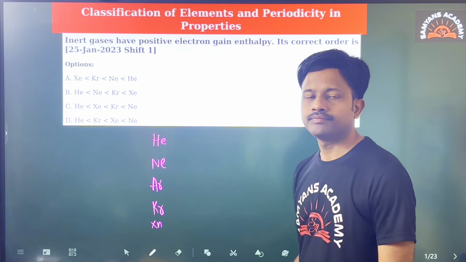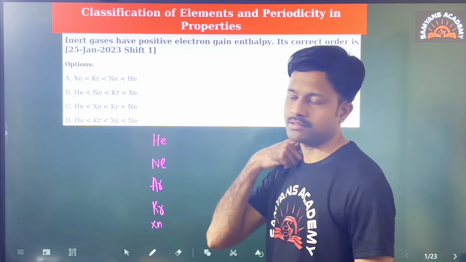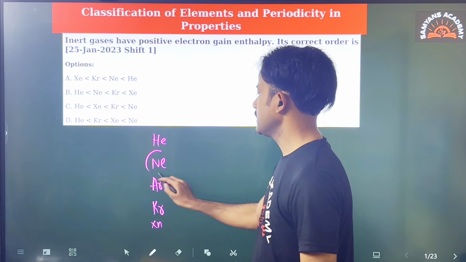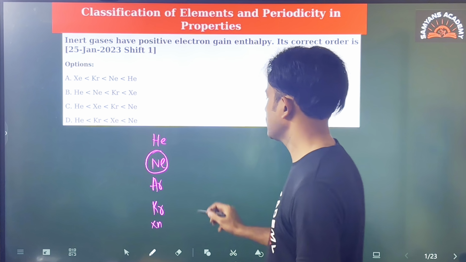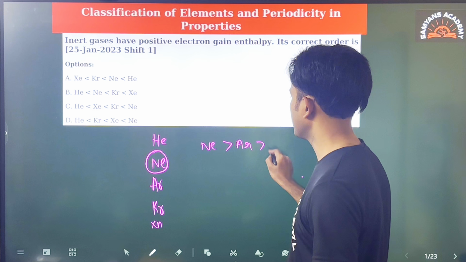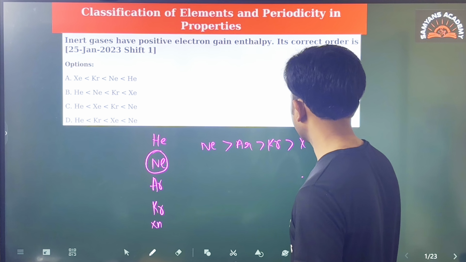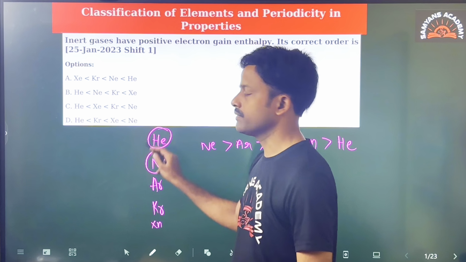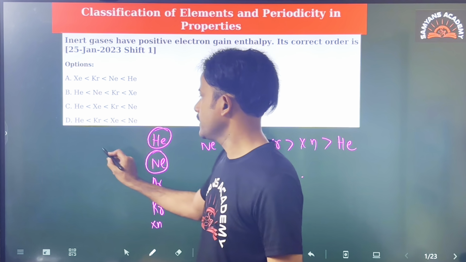So down the group, electron affinity values, what happens? Increases or decreases? Decreases. And everyone remembers that neon has more electron affinity compared to all the other elements. So after neon, argon will come, next krypton, and next xenon will come. Then helium will come.